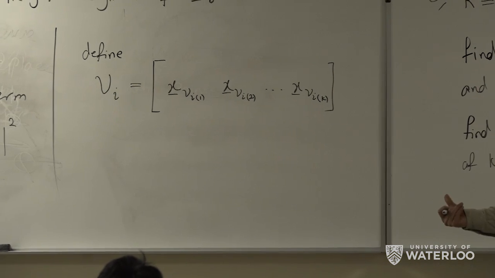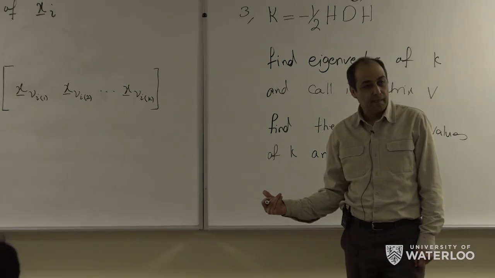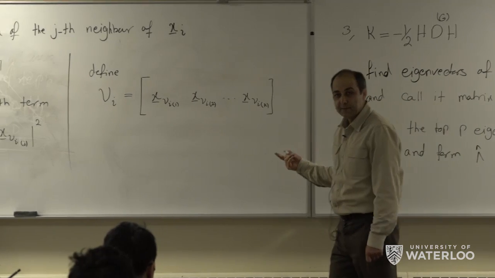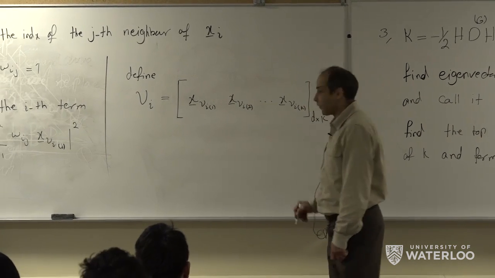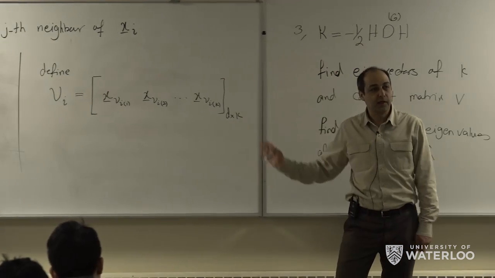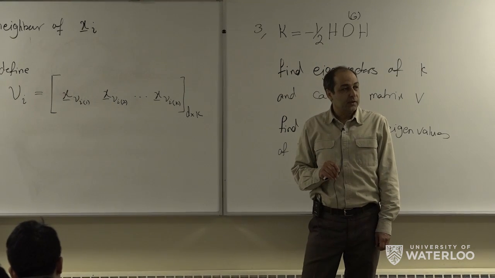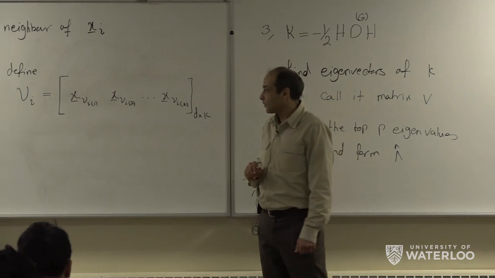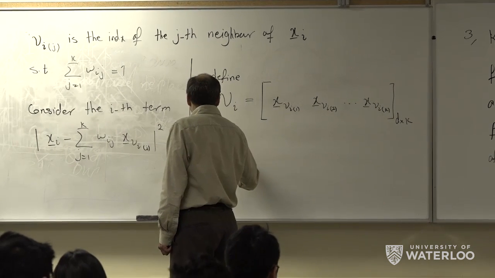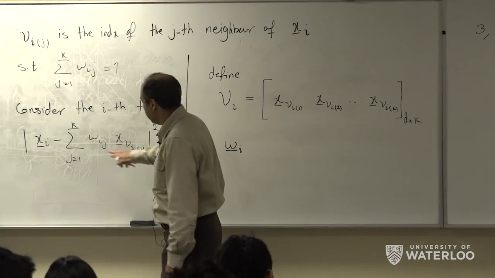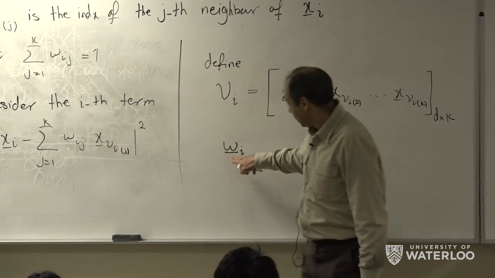So what's the dimensionality of this matrix? Yes, it is d by k, because points are d-dimensional and they have k neighbors. So it's a d by k matrix. Also, I define vector Wi. This is a scalar, but this is a vector.